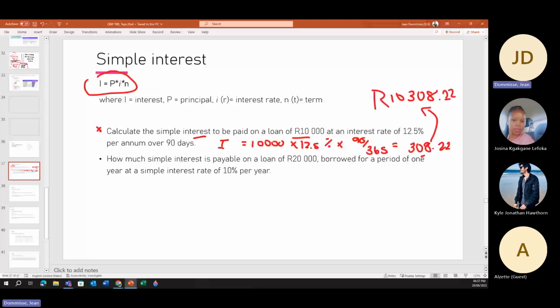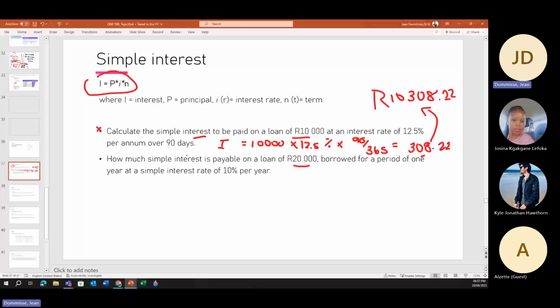Okay, so that is when we just look at simple interest. They can also ask you in that question set how much simple interest is payable on a loan of 20,000 borrowed for a period of 1 year at a simple interest rate of 10 per year.